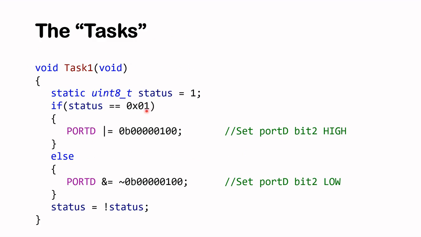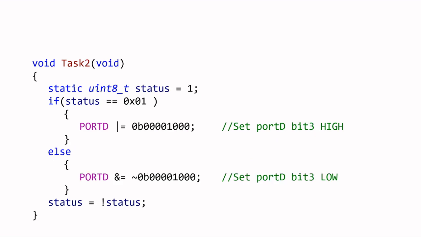Now, what follows is basically the 4 tasks that I'm using for the demonstration. Task 1 turns on the LED connected to bit 2 of port D, and task 2 will turn on the LED connected to bit 3. If not, it will turn it off.